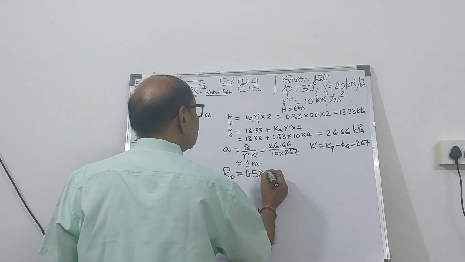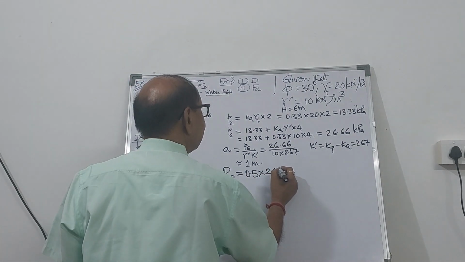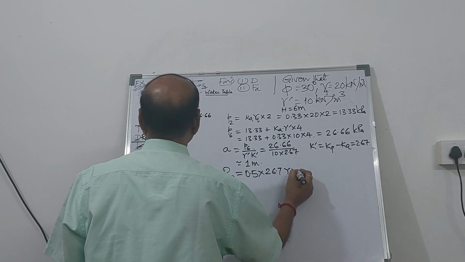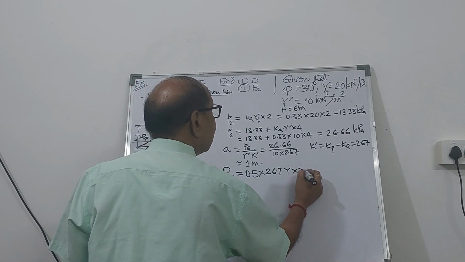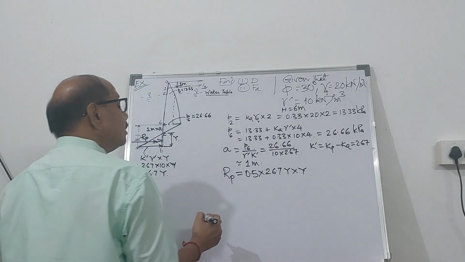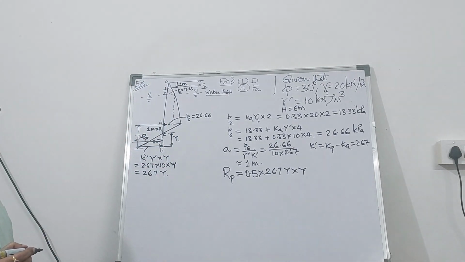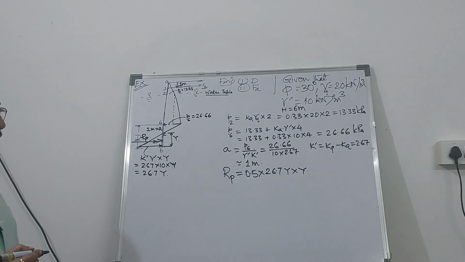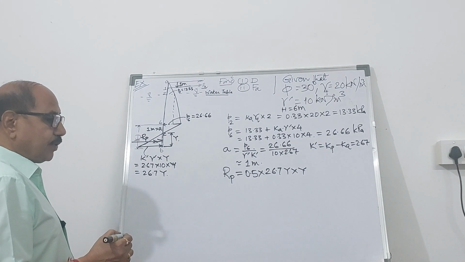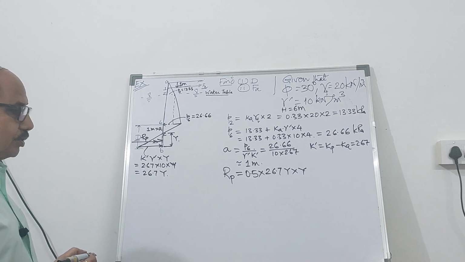Base is 26.7 y multiplied by height, that is y. So this value, if you calculate it, you will find out the value of Rp also.